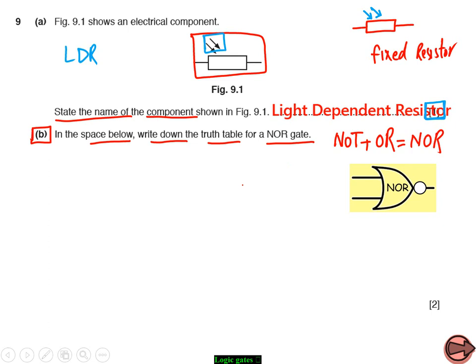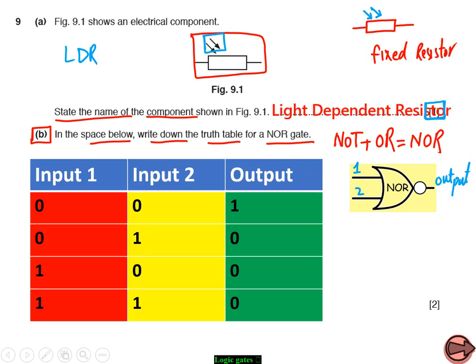Now you can see here, it has two inputs. I will say this is input 1, and this is input 2. And here is the output. Now we need to draw the table for this one. So let's try to draw the table.